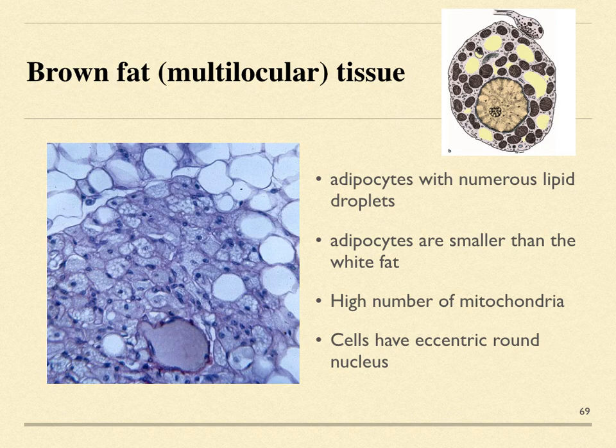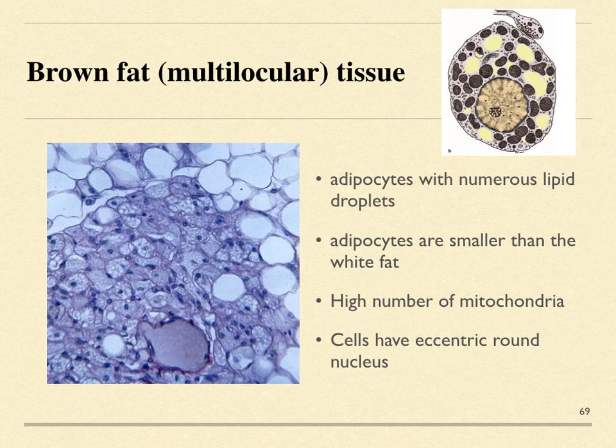The other kind of fat tissue or adipose tissue is the brown fat or multilocular tissue. As I said, inside the cytoplasm of fat cells in the brown fat, there are multiple or several droplets of lipids.